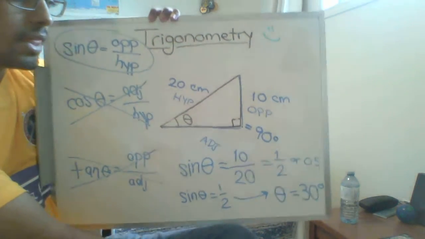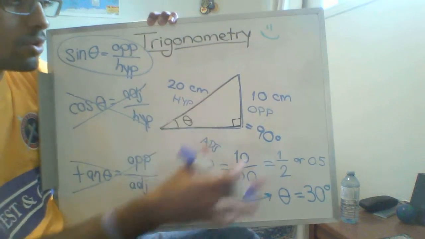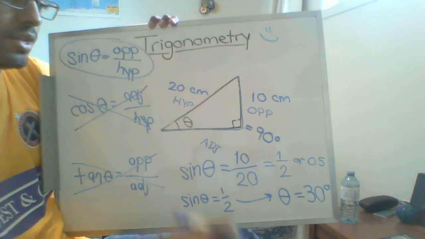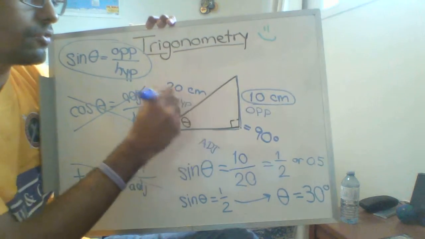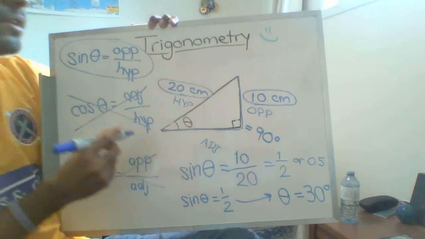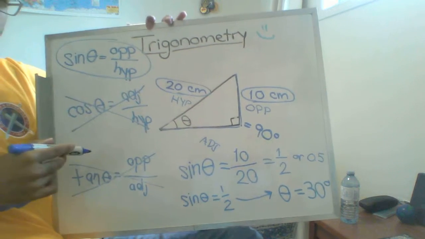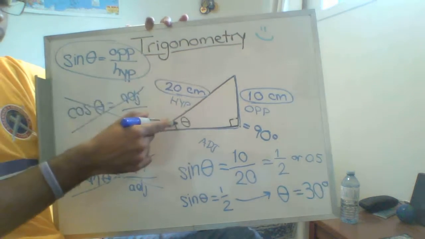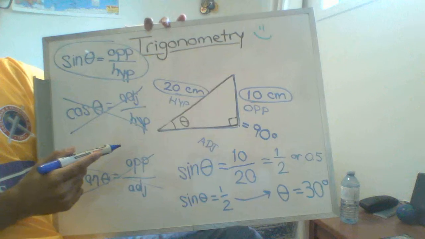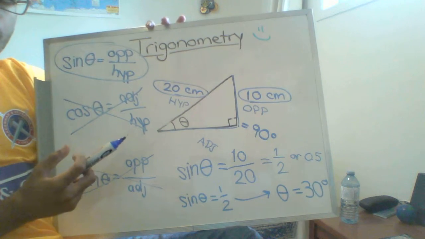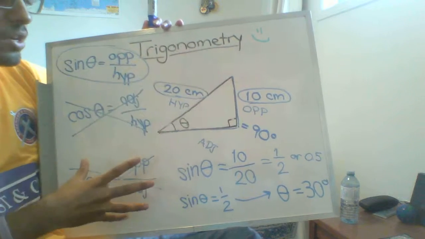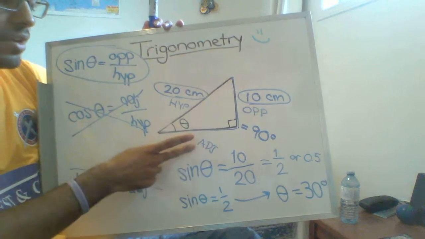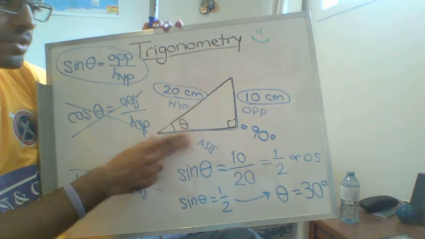Okay, so in that way, you could figure out what the theta value is. So here you've got a triangle, you have the measurement of one side over here, you have the measurement of another side. One of the trigonometric functions will be sufficient for you to figure out the measurement of that angle. In the next lesson, we will talk more about working with these functions and how you can figure out the adjacent side once you have this information.